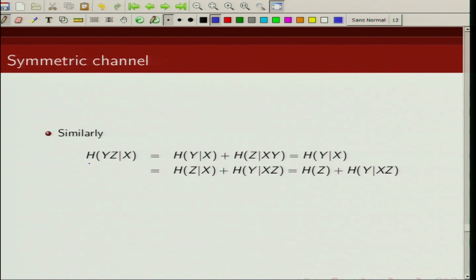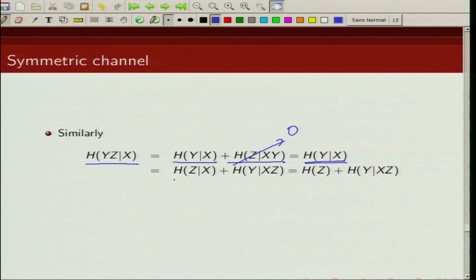Similarly, I can write uncertainty in yz given x as, using chain rule, uncertainty in y given x plus uncertainty in z given x and y. And as I said, given y there is no uncertainty in z, so this term is 0. So this can be written as uncertainty in y given x.